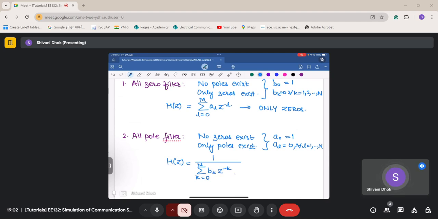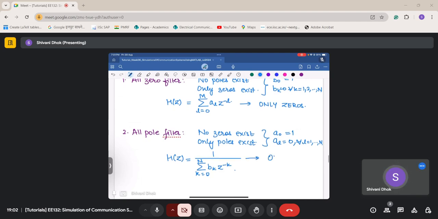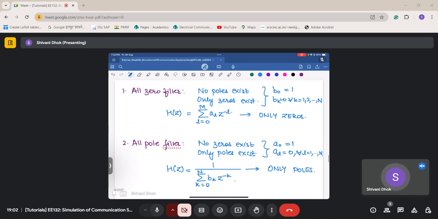So this is how the z transform of the impulse response looks for an all pole filter. Again here we have only poles. So now our idea of the all zero filter and the all pole filter is clear.